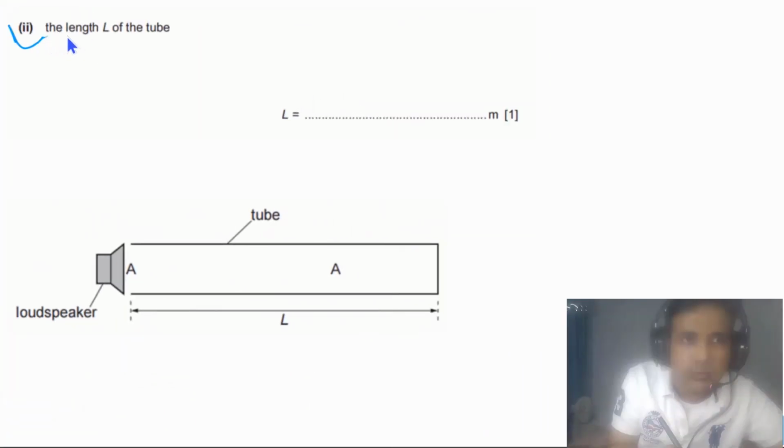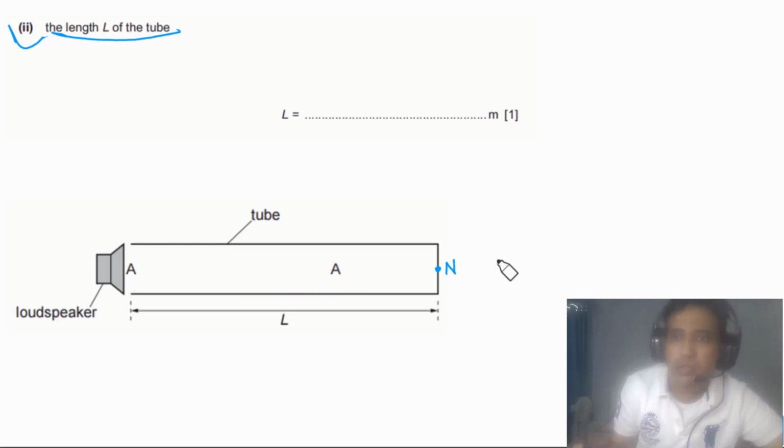For the second part, we need to determine the length capital L of the tube. It is given that we have an antinode at one end and another antinode. So at the closed end there must be one node, and halfway between these two antinodes there must be another node. So at this point there will be another node, and we can label this as node.